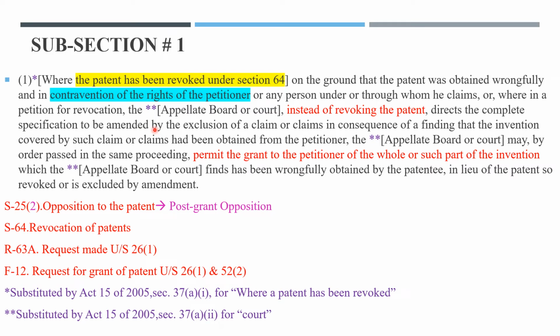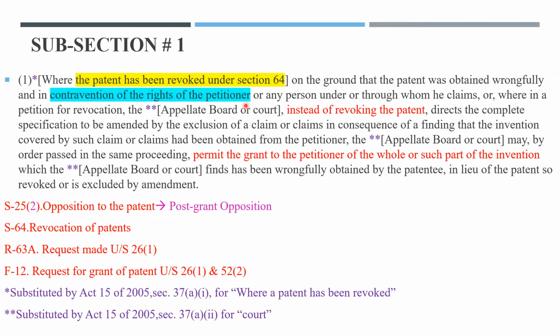So we can say here, when the rights of the petitioner is in danger, then we have to, that means we can say here, friends, the condition here is either the patent was obtained wrongfully and in contravention of the rights of the petitioner.